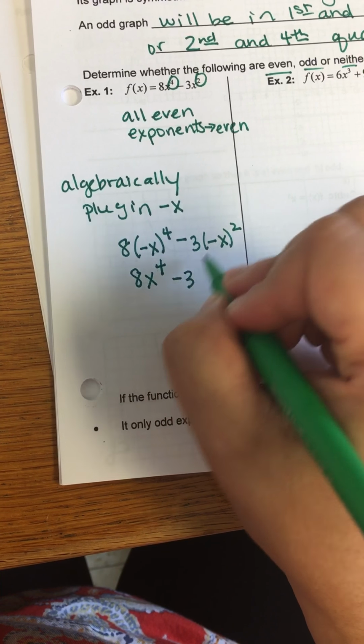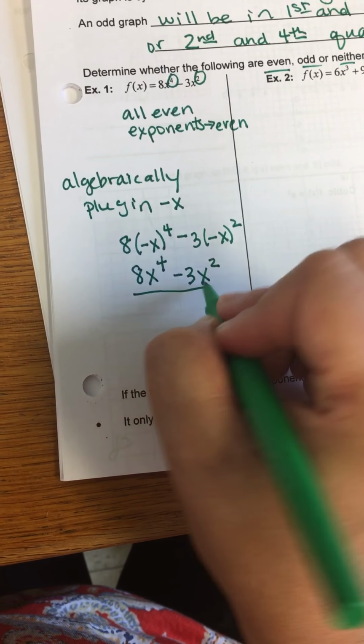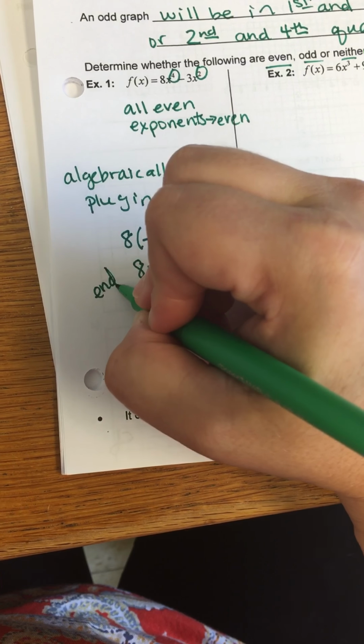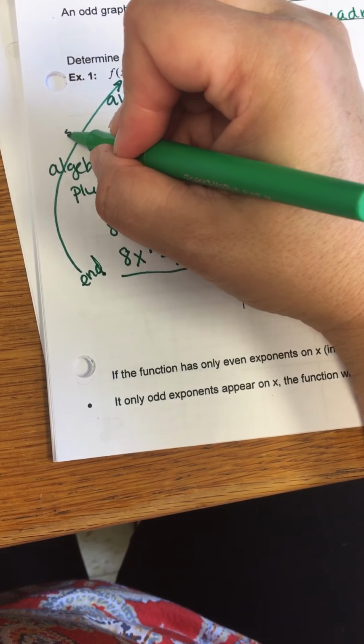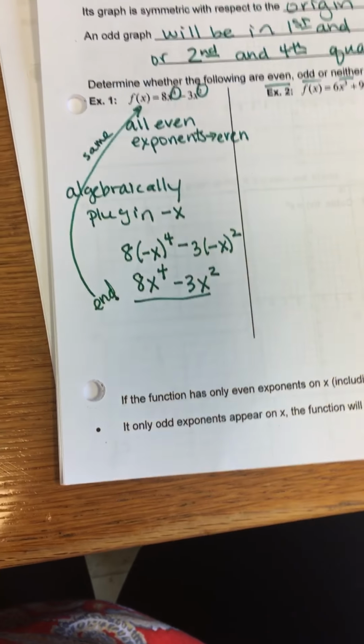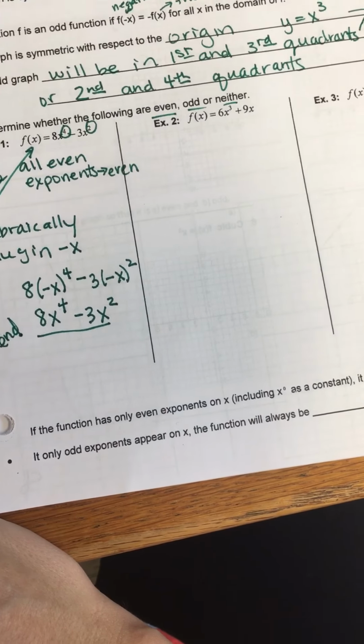And minus 3 again, and then a negative x squared again is going to be x squared. So what I end with and what I started with are the same. That also means it's even. A quicker way to determine is really looking at the exponents, but you can plug it in and do it algebraically the other way.